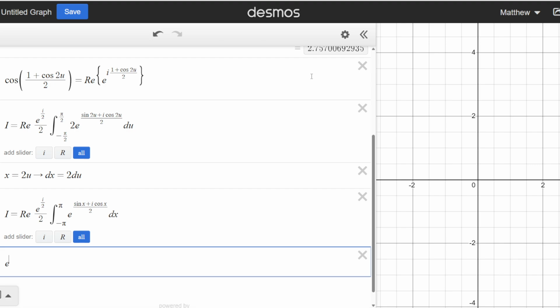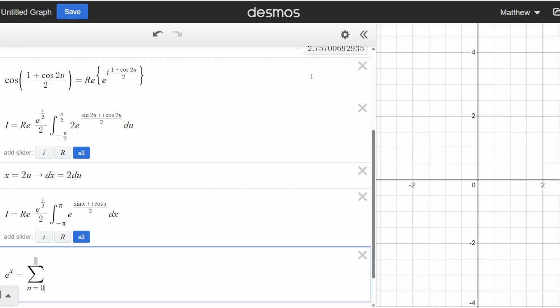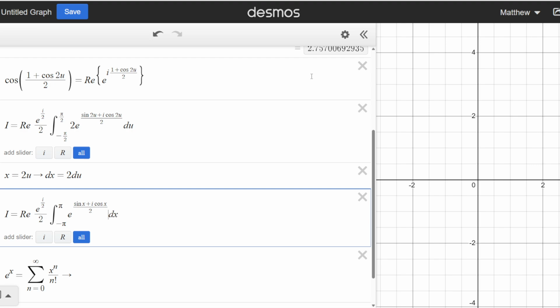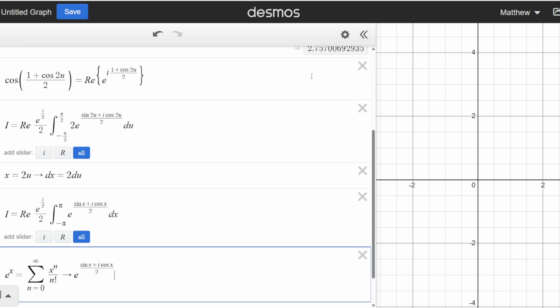So e to the x is equal to the sum, as n goes from 0 to infinity, of x to the n over n factorial. Well, this implies that this, e to the sine x plus i cosine x over 2, is equal to this sum, except now, instead of x, we have this.